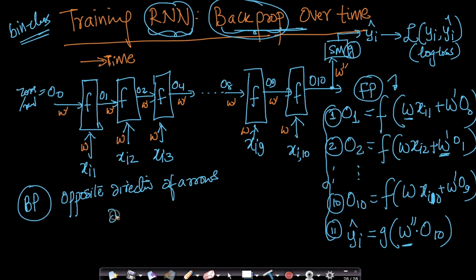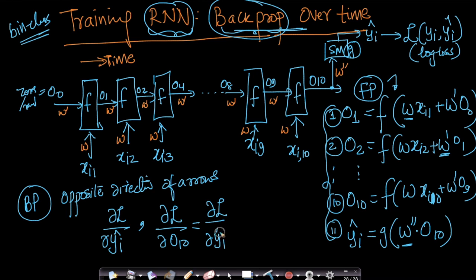Now, if I get this, I can compute the derivative of my loss function with respect to my output O10 also. It is the derivative of my loss function with respect to yi hat multiplied by the derivative of my yi hat with respect to O10, because my yi hat depends on O10. So I can compute this by just the chain rule.